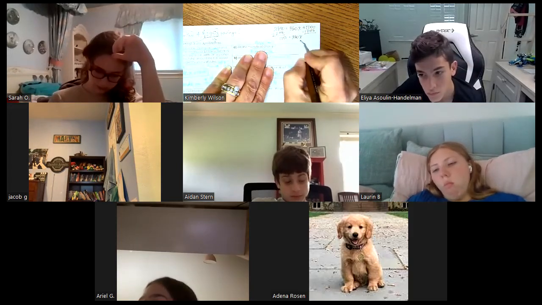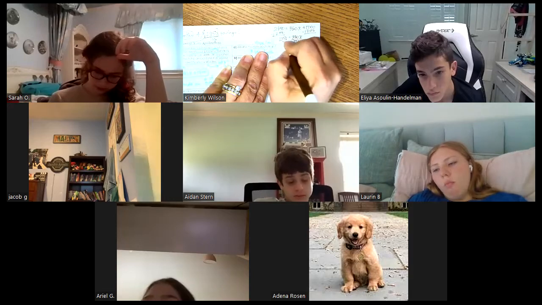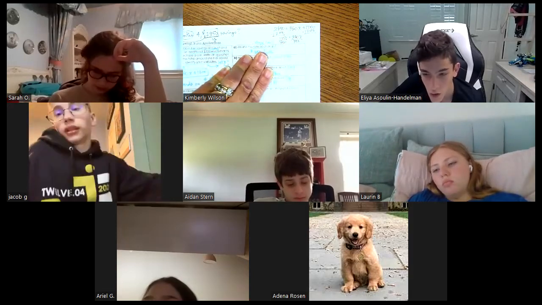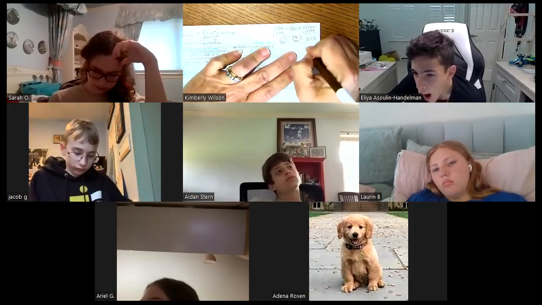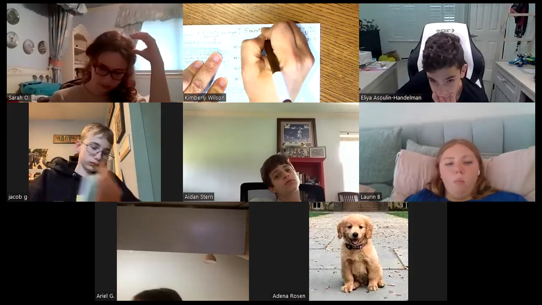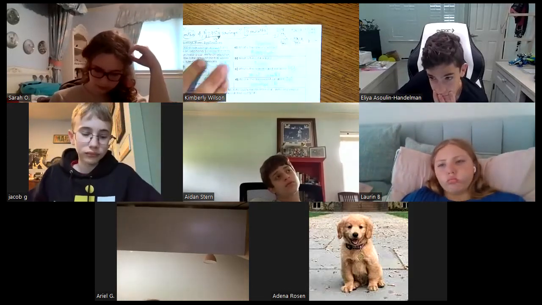Now this is connected by multiplication, so I divide by 350 on both sides. And we get that x equals 5. So that means it takes 5 months to get to this amount.